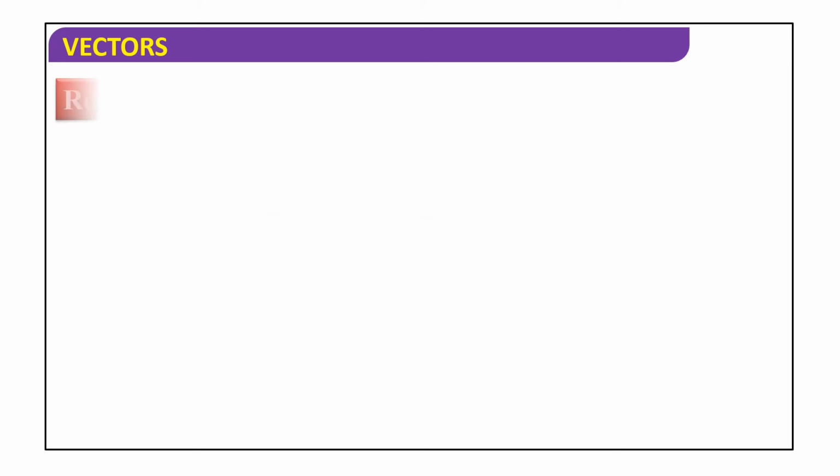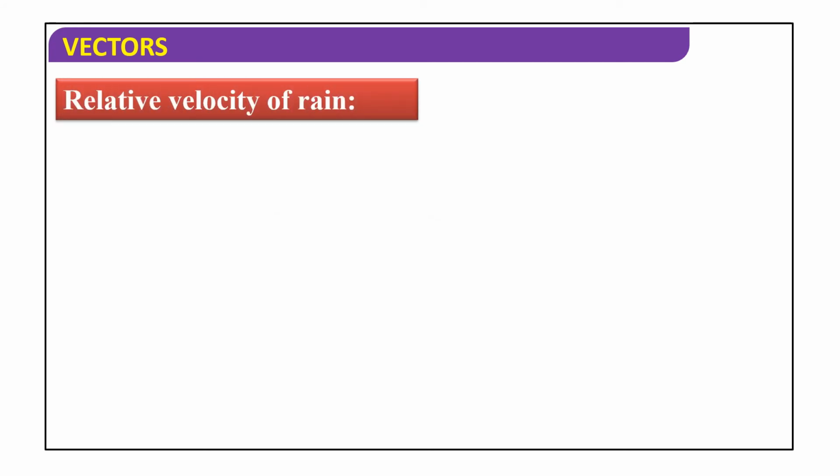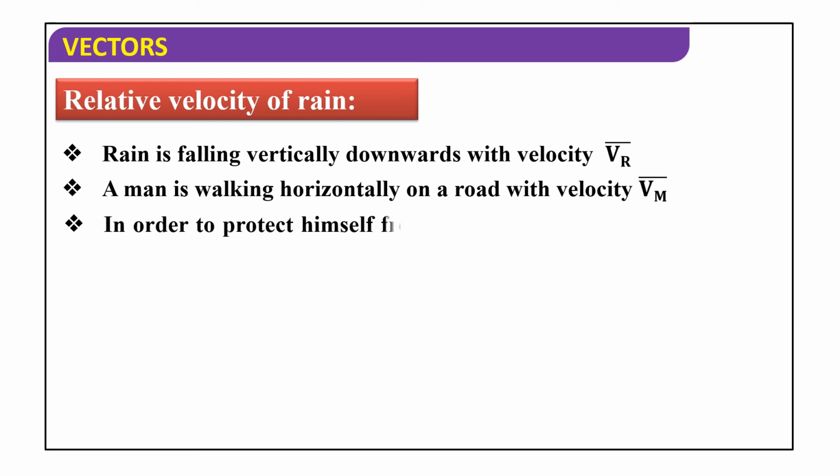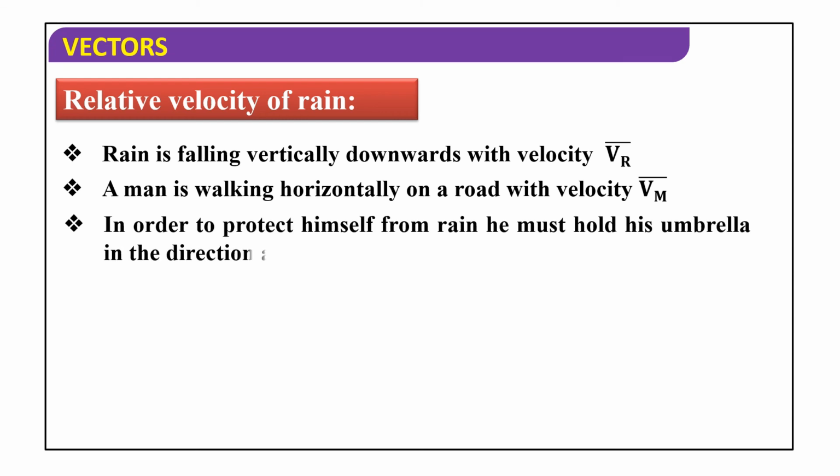Now, next, relative velocity of rain. First, rain is falling vertically downwards with velocity VR bar. A man is walking horizontally on a road with velocity Vm bar. In order to protect himself from rain, he must hold his umbrella in the direction of the relative velocity of rain with respect to him.